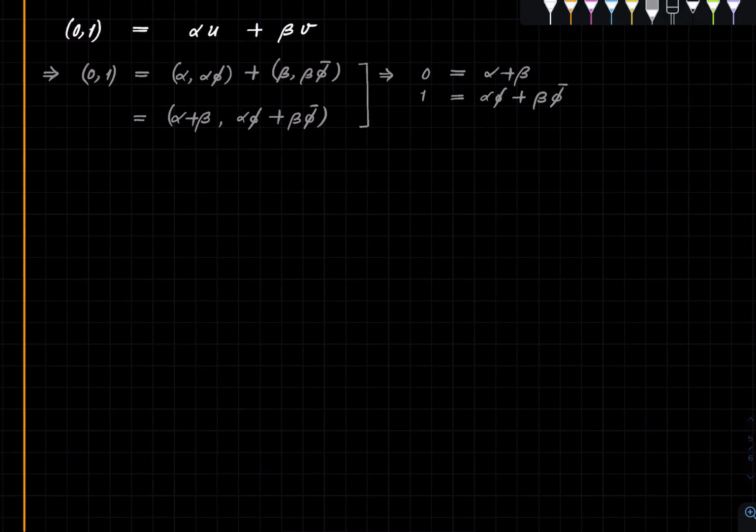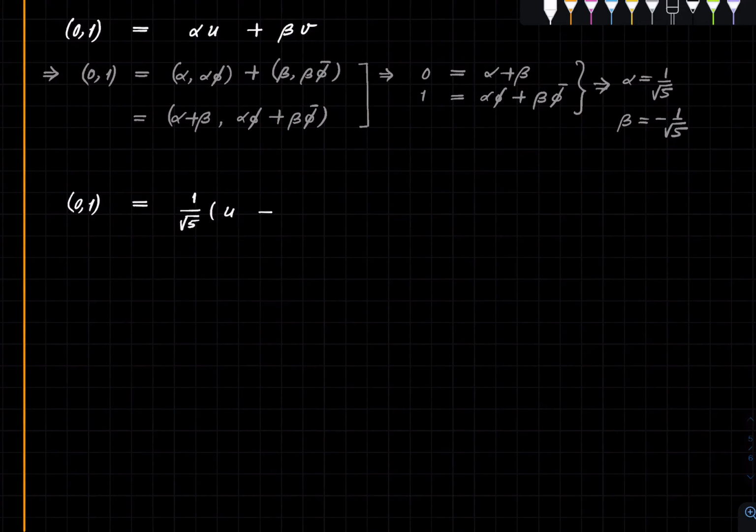And if you just compute this out, I have pre-computed this, you will get that alpha is 1 upon root 5 and beta is minus 1 upon root 5. So that's something that you can verify. And therefore the vector (0, 1) is 1 upon root 5 U minus 1 upon root 5 V.